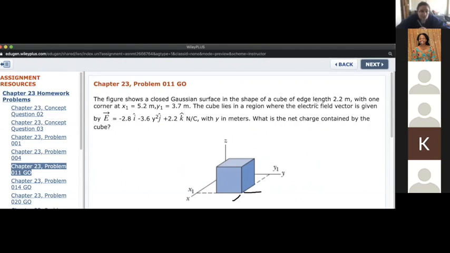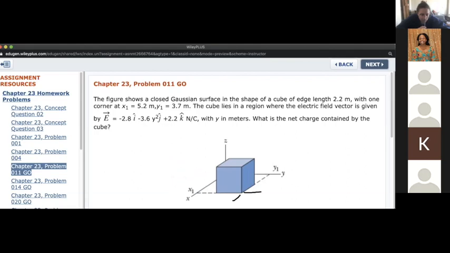The cube lies in a region where the electric field vector is given by E equals minus 2.8 times i. Now this i is the unit vector pointing in the x direction. And so what this equation tells us is that no matter where we are in x, the magnitude of the electric field, oh, and I should have drawn it backwards.